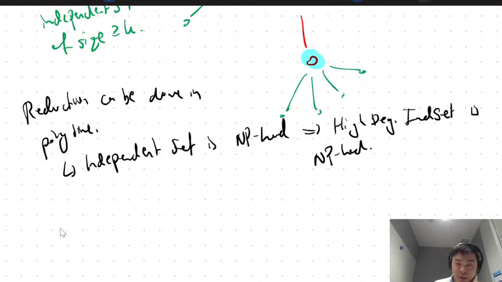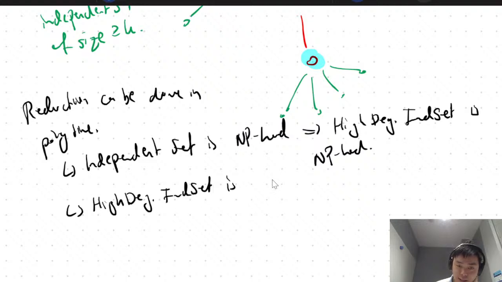And then because it's both in NP and NP hard, we conclude that high degree independent set is NP complete.